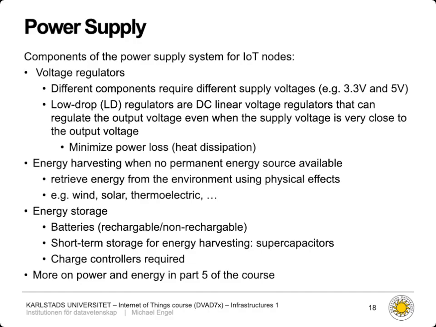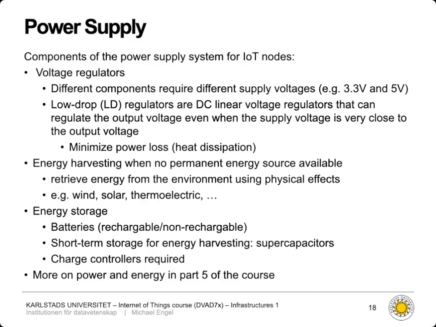Another component we've seen on the overview slide at the beginning is the power supply. Of course, all these electronic circuits and sensors need power, and power supplies for IoT nodes consist of a number of components. One important thing is a voltage regulator. You have different components from different manufacturers, maybe produced using different technologies, so these might require different supply voltages.